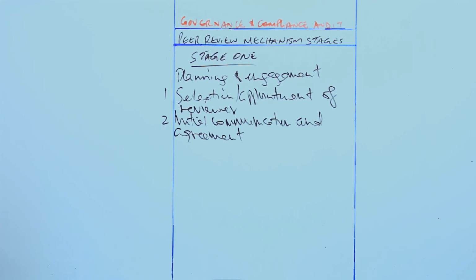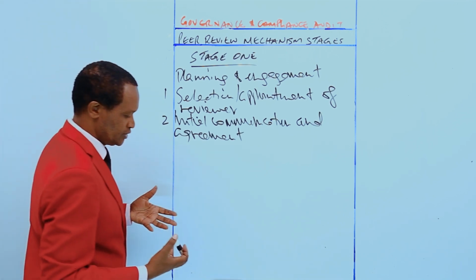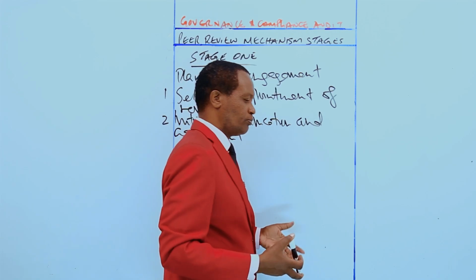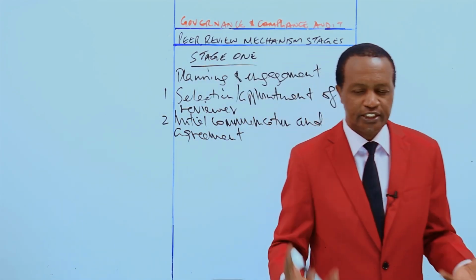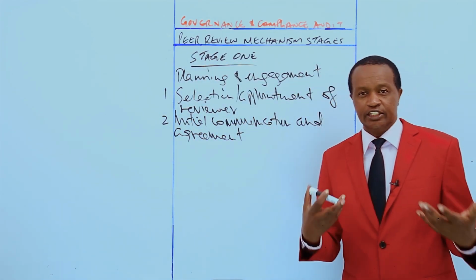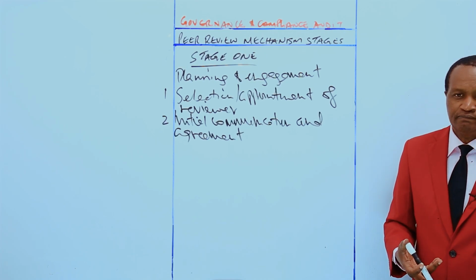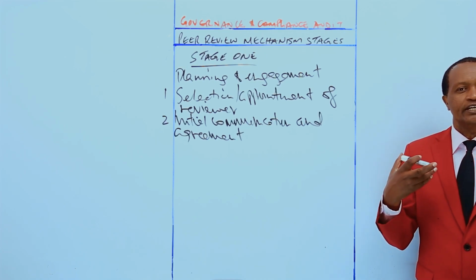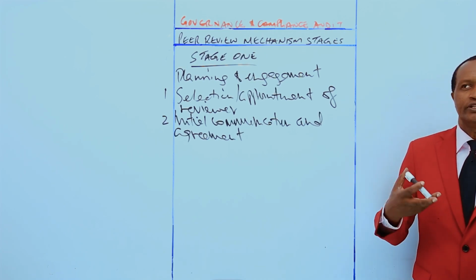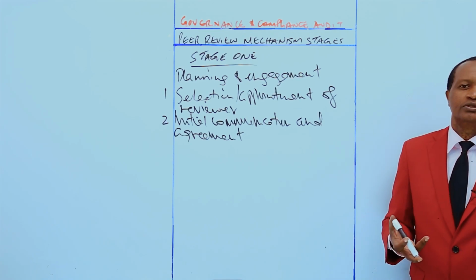And here an engagement letter or memorandum of understanding is signed, formalizing the peer review. This document outlines the scope and the objectives of the review engagement.